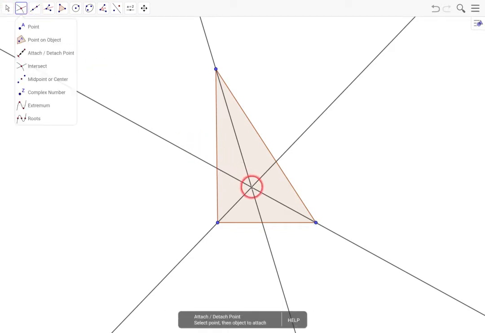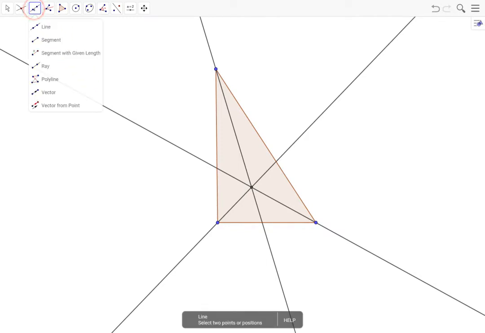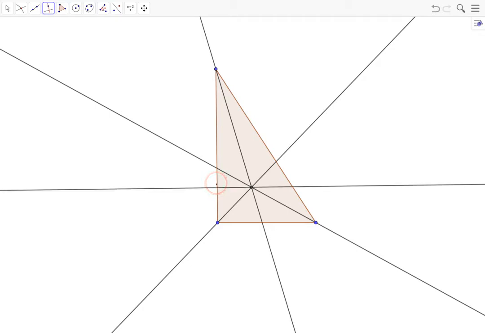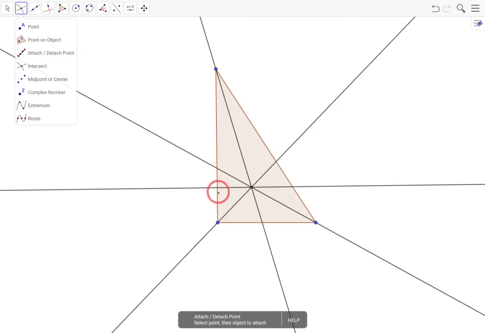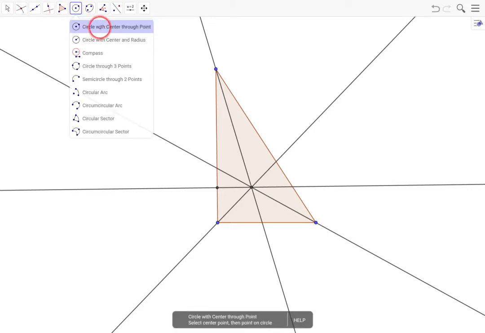So let me show you the significance of the incenter. First thing I'm going to do is make a perpendicular line. And then where that perpendicular line meets that side, I'm going to create a point and then create a circle.